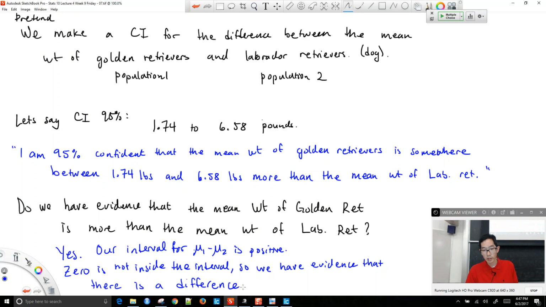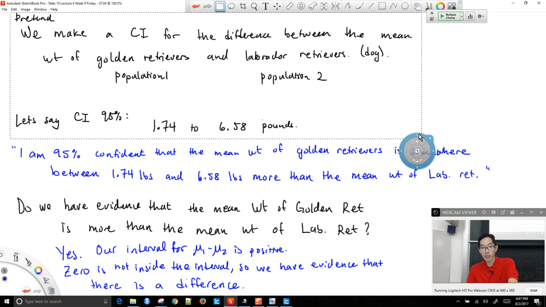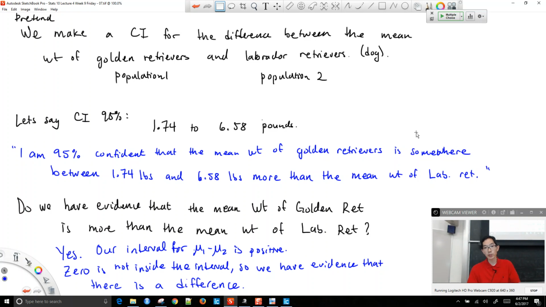Let me give you another example here. Pretend that we're making a confidence interval for the mean weight of golden retrievers and Labrador retrievers. Let's say we take a different sample and we get a different confidence interval, and let's talk about what happens then.